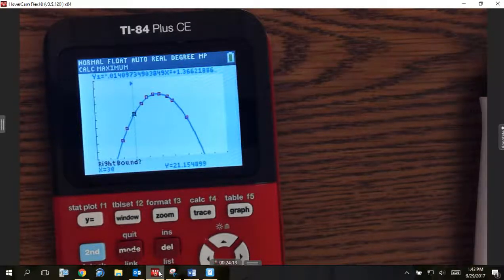And when I hit enter, this line comes up. And it says right bound. So I'm going to type in a number that is definitely to the right of this. Definitely 70 is to the right of it. And it gives me 2 arrows and lines. And it says guess. It wants you to pick something in the middle of these 2.